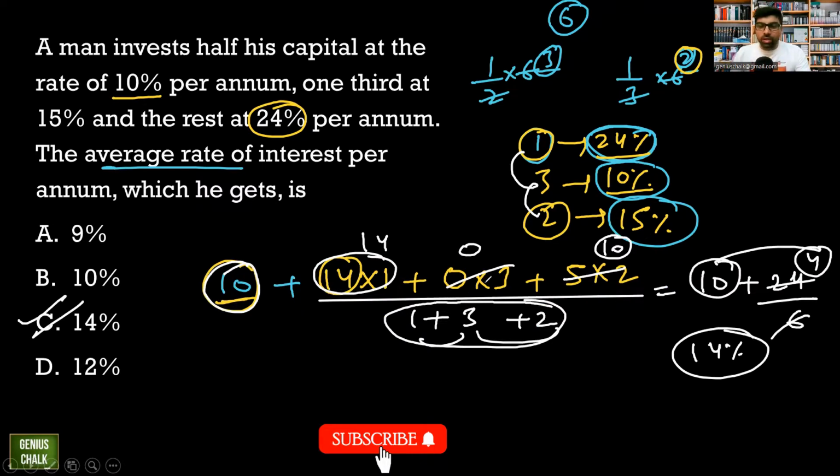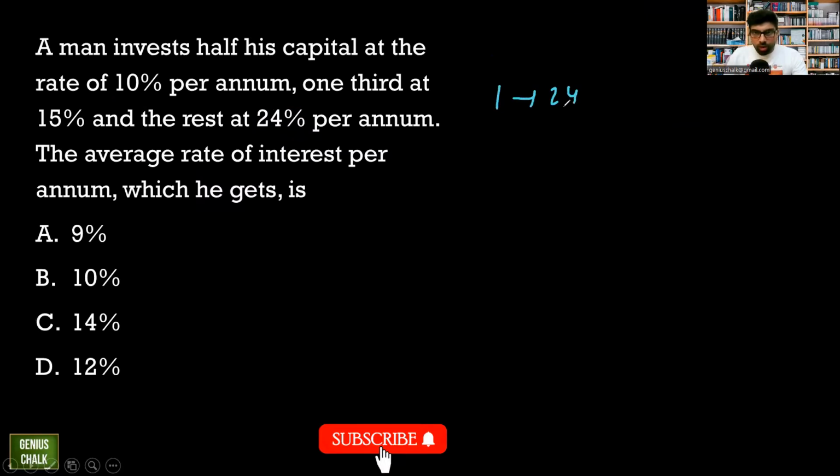For more, you can just switch on to our video of mixture and alligation, where I've discussed this concept thoroughly, weighted average, right? So this is how we can solve this question faster. Again, I repeat, let's say you want to have some other number. One value was for 24. If you remember, three values for 10%, and two values for 15%, right?